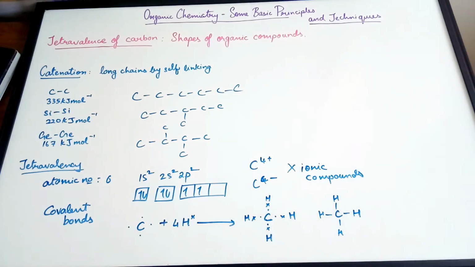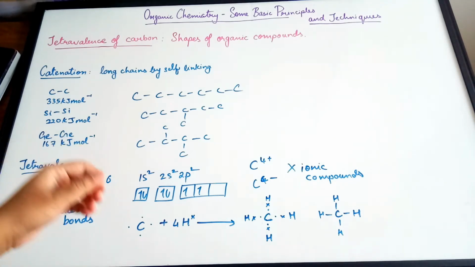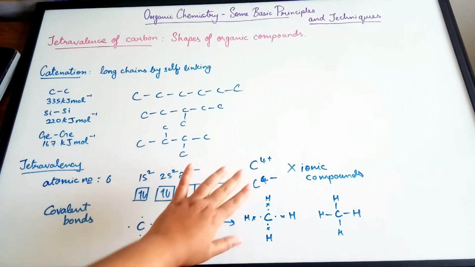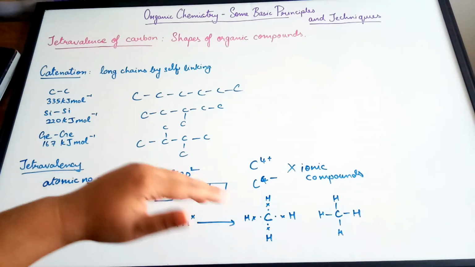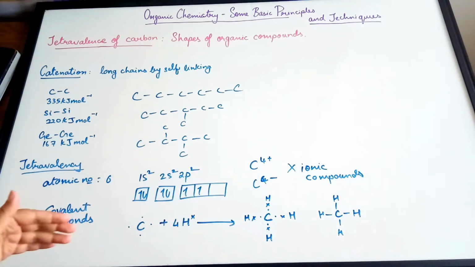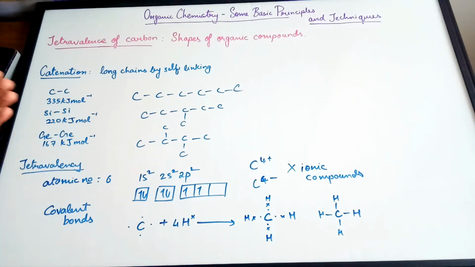So carbon can form 4 bonds. It cannot form an ionic compound due to the fact that the amount of energy required to form C4+ or C4- is extremely high, and because of that it tends to form covalent bonds, and covalent bonds are formed by sharing of electrons rather than complete transfer of electrons.